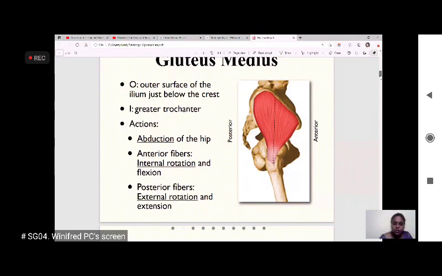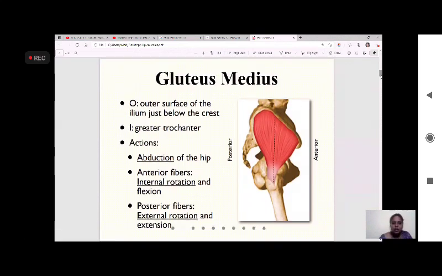Gluteus medius also arises from the ilium. I just want to give a very simple view of the muscles so that it comes into your mind and we can easily go to the nerves also. I'm not mentioning the deeper structures or the posterior part of the sacrum.